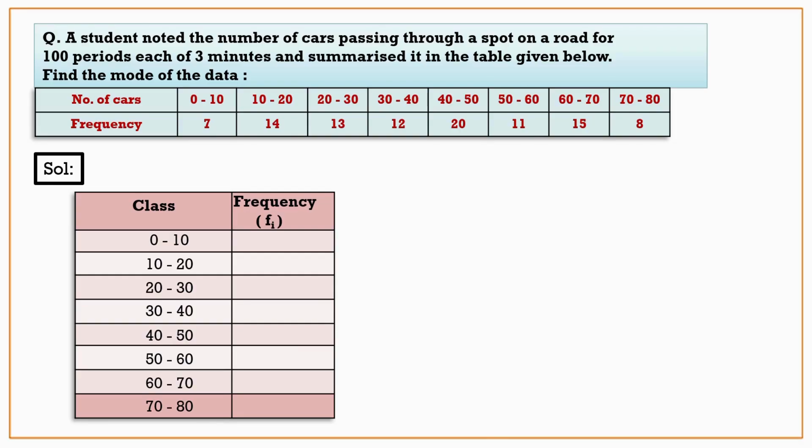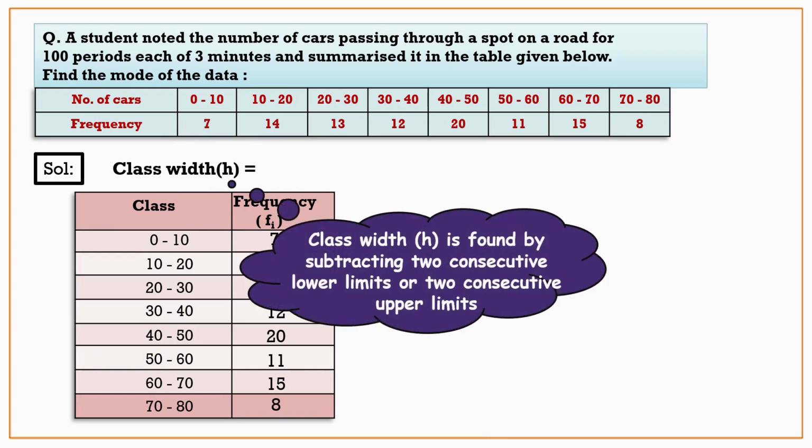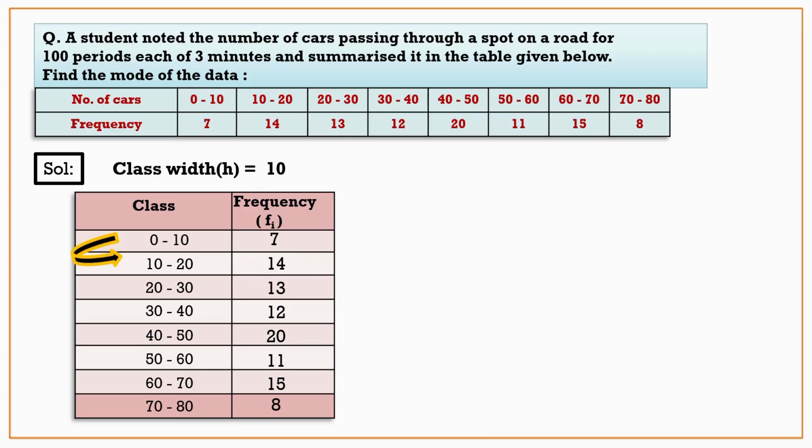So all the classes are continuous over here. So now let's copy the frequency. Now we need to calculate the class width, that is found by subtracting two subsequent lower limits or two subsequent upper limits. Okay. So now that will be 10 minus 0 is 10 over here.